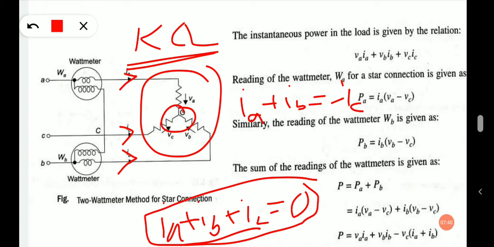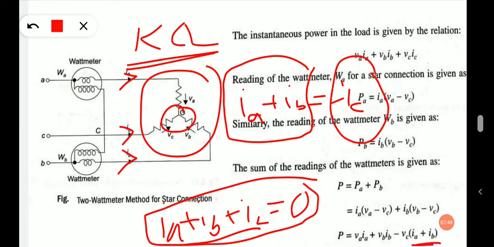So in the previous equation, instead of IA plus IB, we can substitute minus IC.